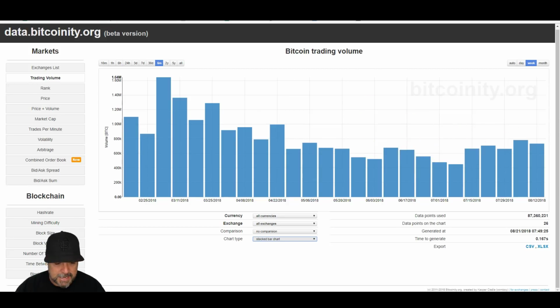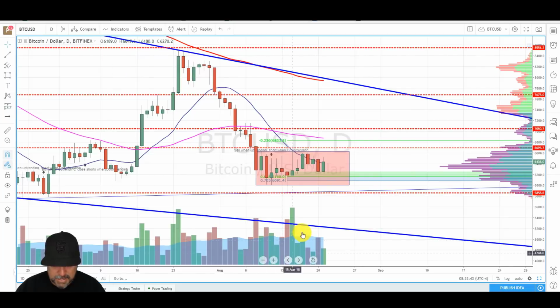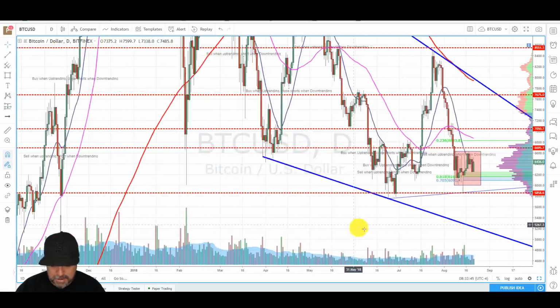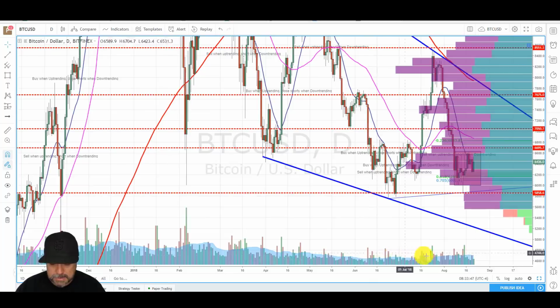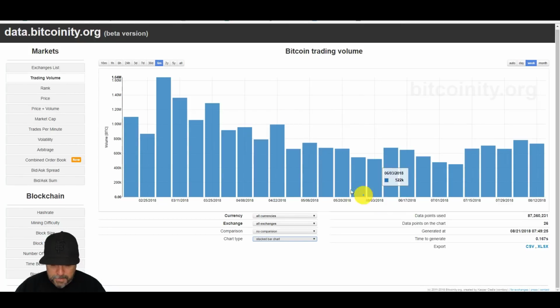Sometimes if you're just looking at one exchange and you're looking at volume, it can be a little hard to see what's the overall increase. But when you look at it as an aggregate, as a total of all the exchanges, then you can see the overall amount. So here in July, you had 451,000 of volume, and now we're at 782.